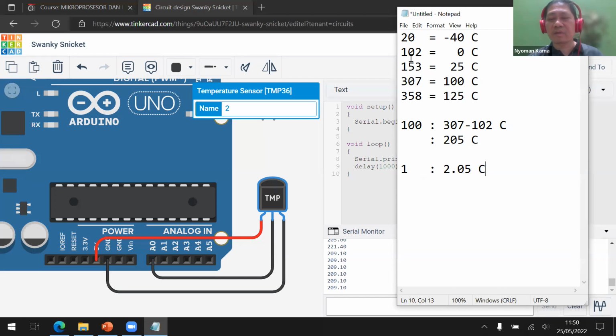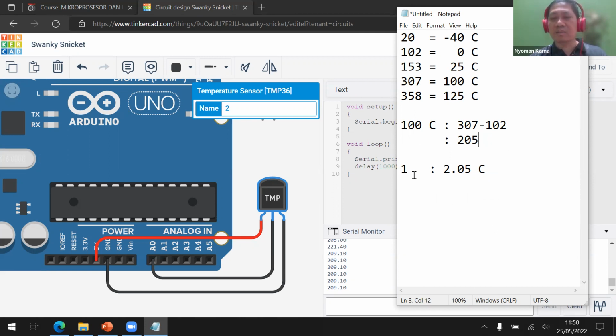However, if I put 102, oops, sorry. Okay, it's the other way around. It's not correct. This is the Celsius one. Okay.